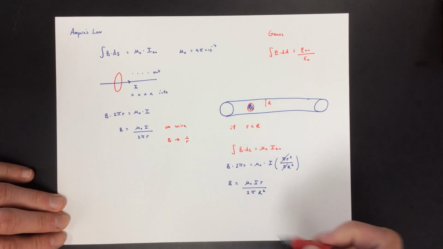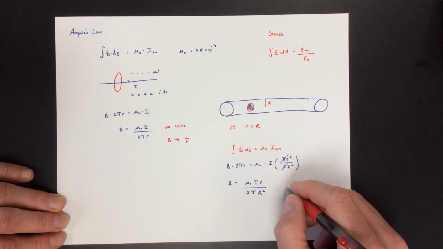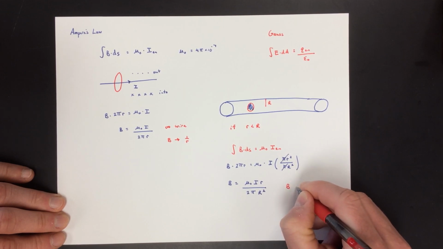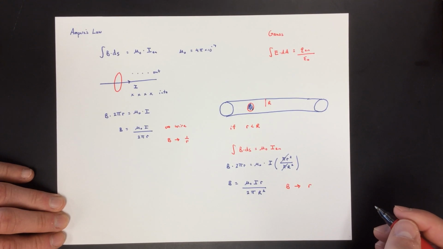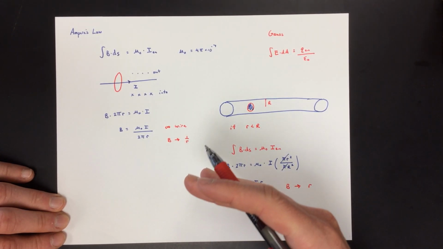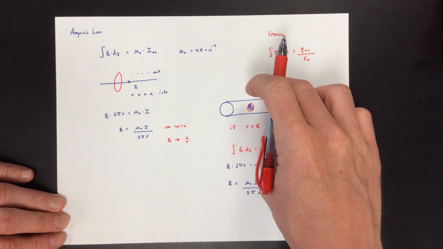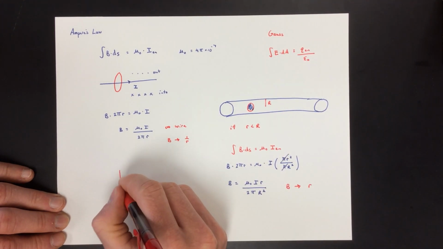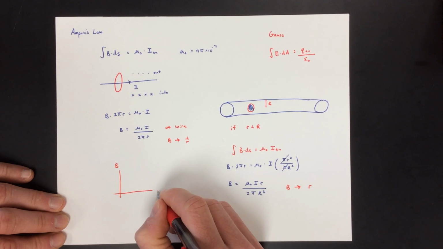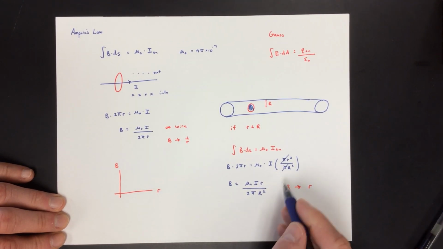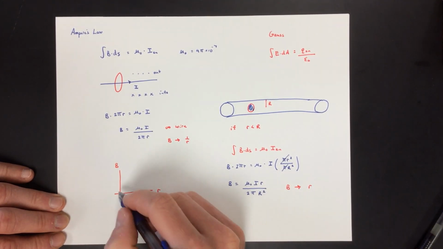You can show then that inside here, the B field actually goes like r, meaning it grows. It grows inside, and then once you get outside, it acts like a wire and it decays. If you did a graph of the B field as a function of r, the B field is going to linearly grow with r.